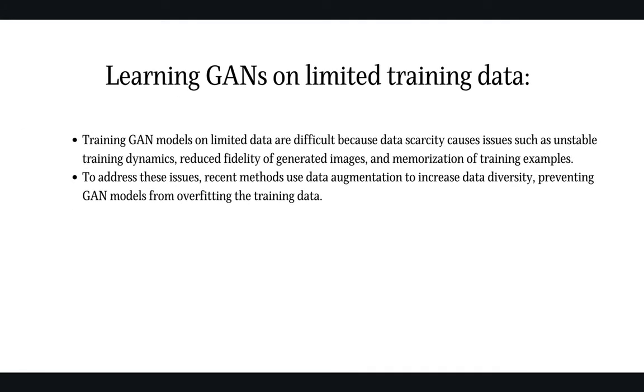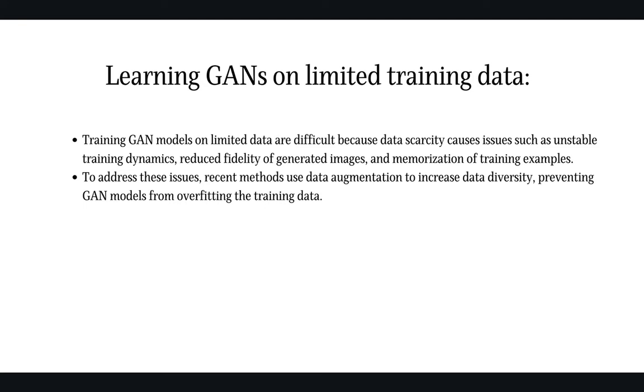One of the main important factors of GANs is that they are very data intensive. Basically, deep learning is very data intensive, as you know. But training a GAN on limited data is difficult because data scarcity causes issues such as unstable training dynamics, reduced fidelity of the generated images, and memorizing the training samples.